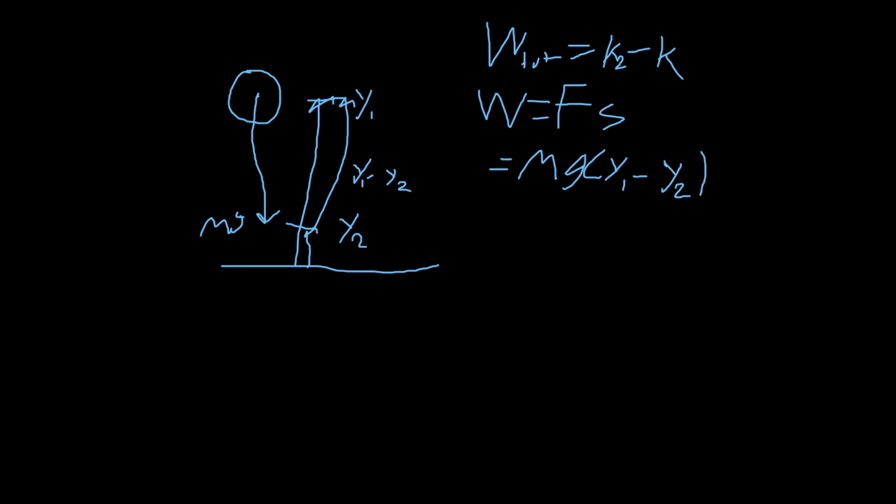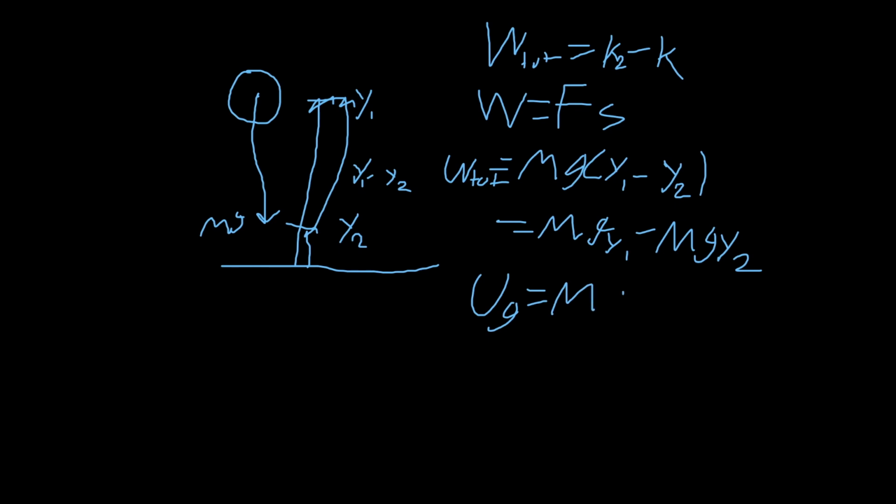As you can see, this is going to give you a work total of mg y1 minus mg y2. As previously in the last video, we defined potential energy as U_g equals mass times g times y.